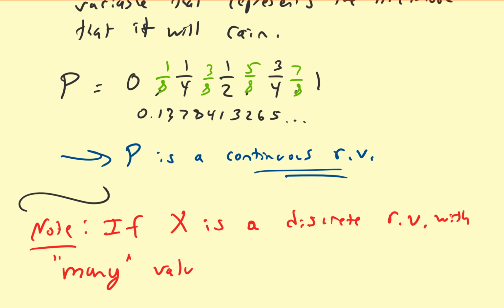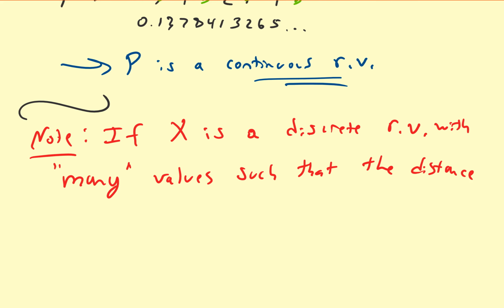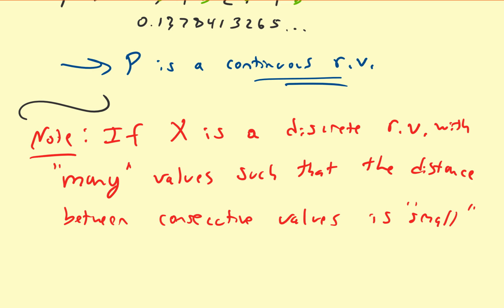If it has many values such that the distance between consecutive values is small. Again, small is subjective, depending on your purpose.